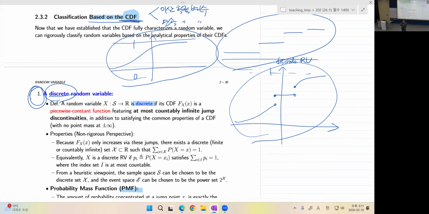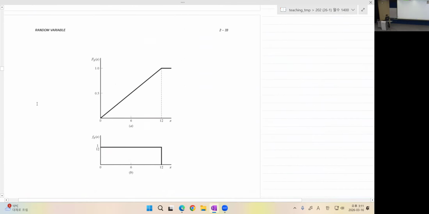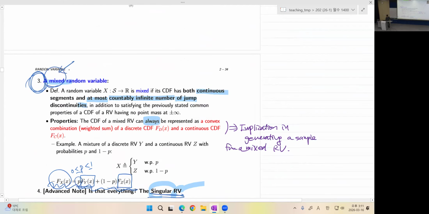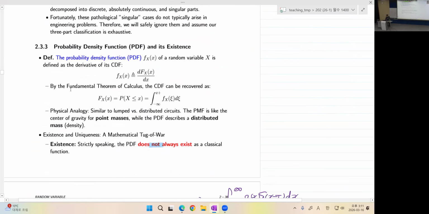What I'm saying is that a mixed random variable means it's partly discrete and partly continuous. So mixed may be a terminology we use in this classification, or just a normal adjective. So be careful. Anyway, CDF is very useful.